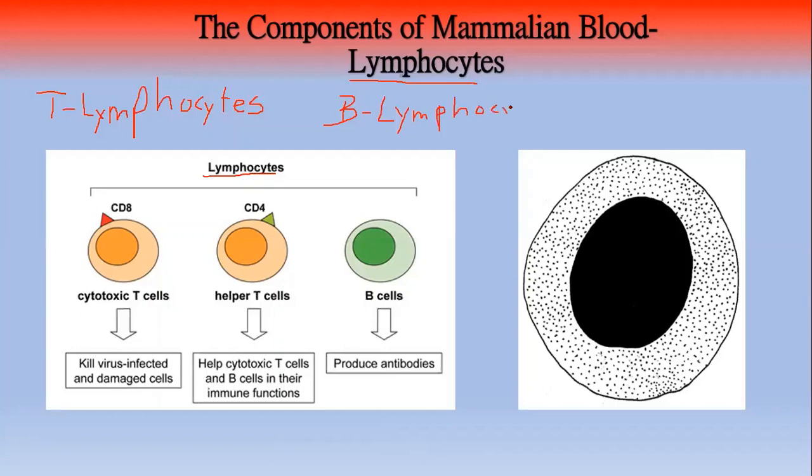So you have T and B lymphocytes, and the T lymphocytes would comprise T cells.